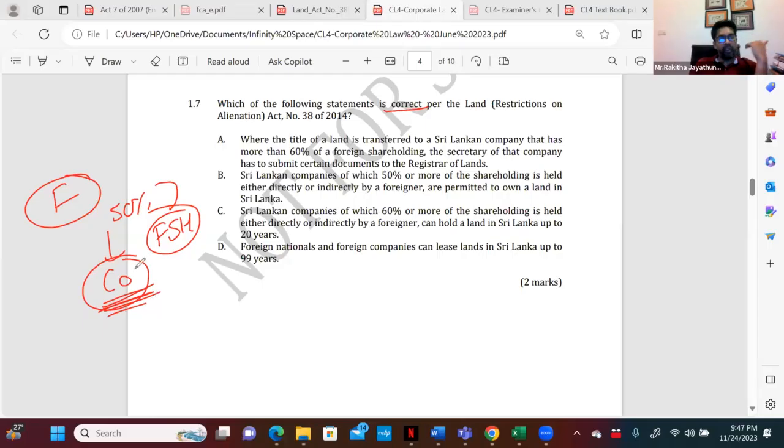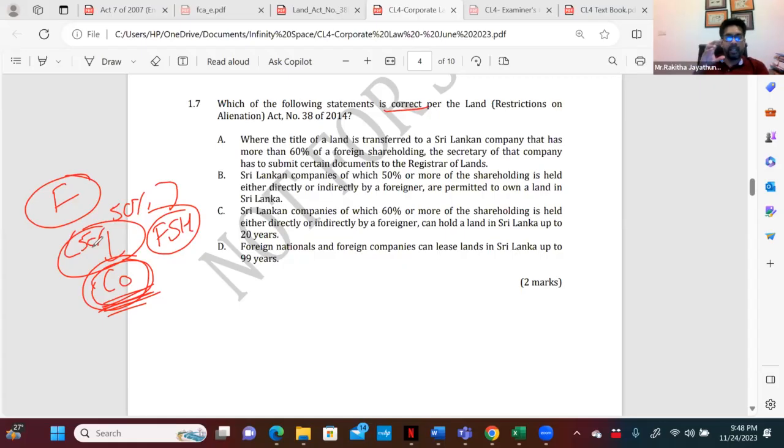So if you have a foreign shareholding, at the time of purchasing the property, the company secretary must inform the land registry that the shareholding is less than 50%. And every 6 months afterwards also, they have to give an update to the land registry about the shareholding of the company, to say it has not exceeded, it is not 50% or more.